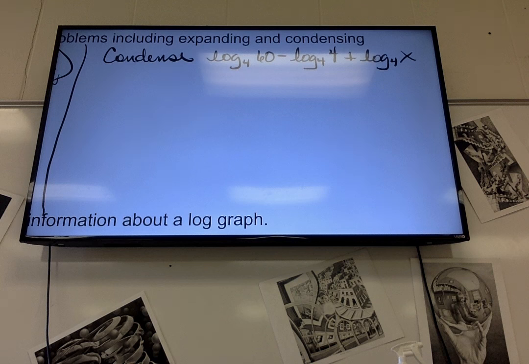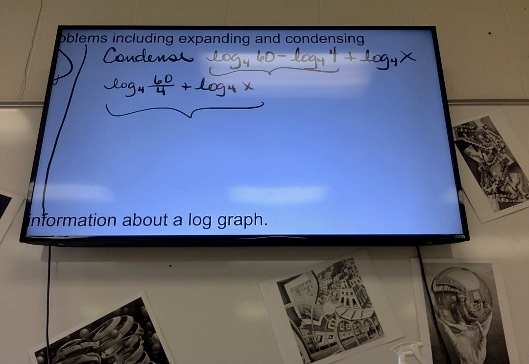That's what that's talking about. So remember, when you have something that's subtracted, you can change it to division. $60 divided by 4 is 15. And then you have two logs that are added, so you can multiply those. And that would be 15 times x. That's all we could do with it.